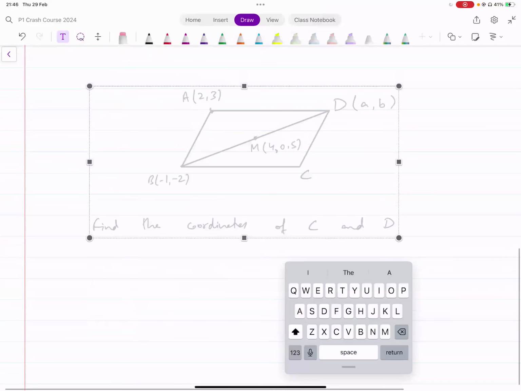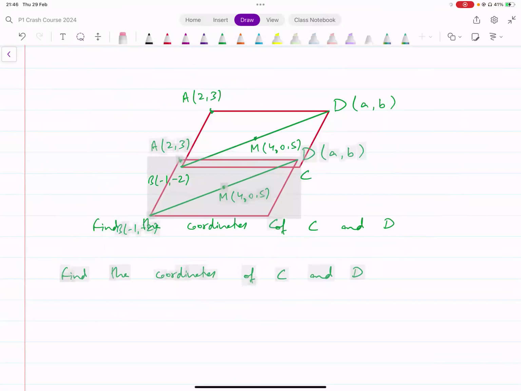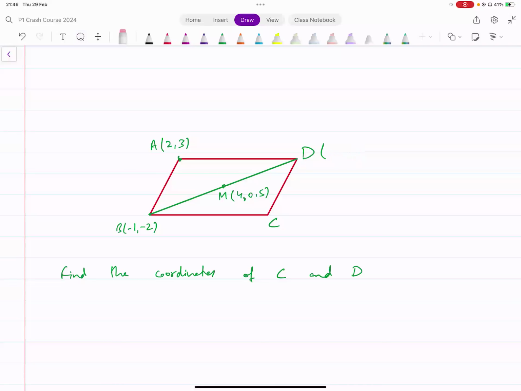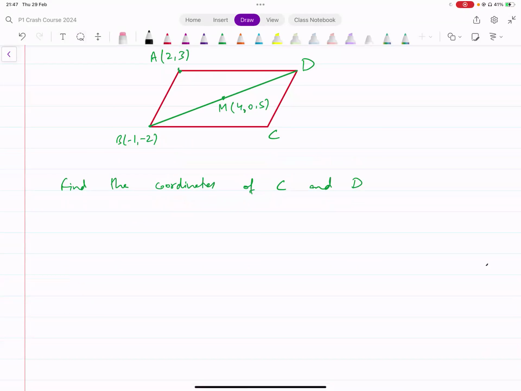Let's consider the same question again. What we have to do is find the coordinates of the point D. You could use something that we call a vector method for this. How would that work? We want to find the coordinates of D first of all. M is the midpoint of B and D, right?